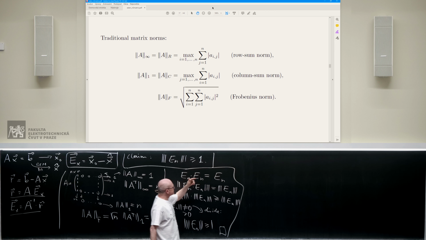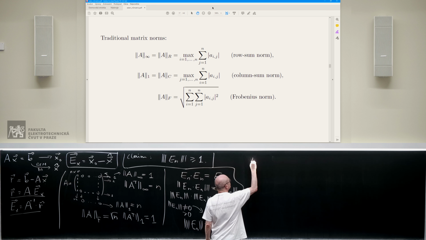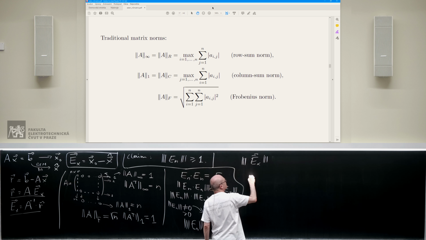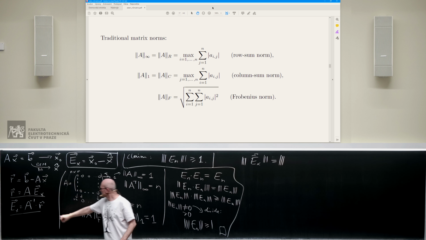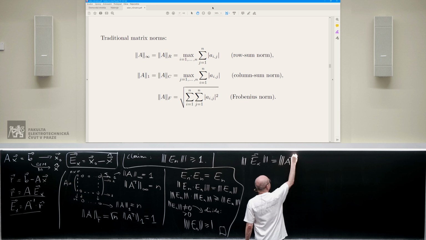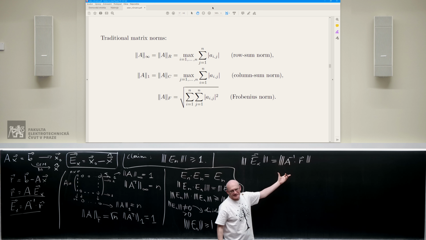I have some candidate for a solution of a system of equations. I look at the error and I ask how large it is. Now, I'm going to use this identity. So I put A inverse and the residual here, and I would like to split it.